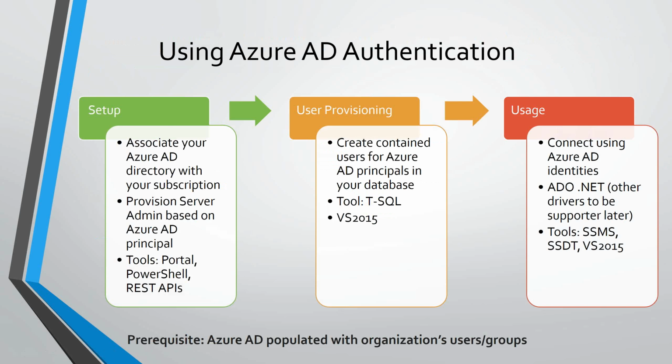If you download Visual Studio 2015, you don't need to do it. If you want to use programs, you need to have Visual Studio 2015, and there are also tools that are part of the preview release for SQL 2016. So these tools need to be in place. Otherwise, you cannot access the Azure. You cannot use Azure AD authentication.